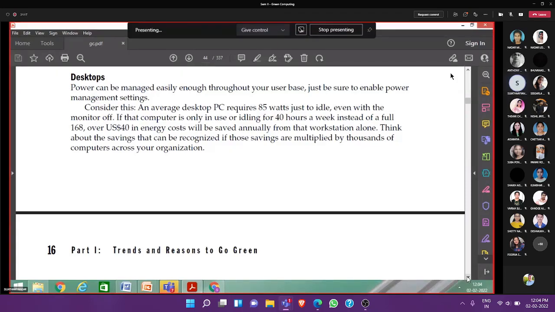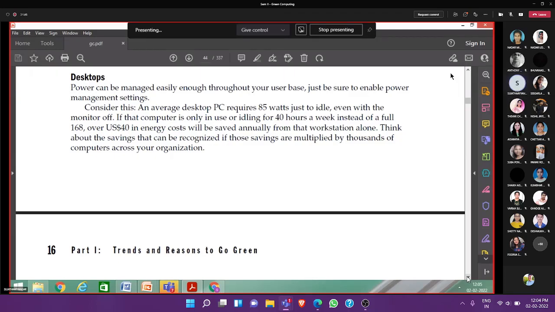Understood? Now keep the monitor off but keep the desktop on, and it still has to use 85 watts. It consumes. Okay. If that computer is only in use or idling for 40 hours a week instead of a full 168, then US dollar 40 in energy costs will be saved annually from that workstation alone.